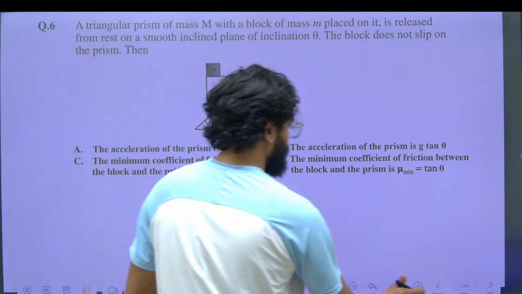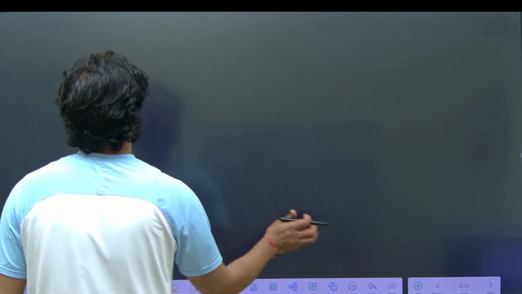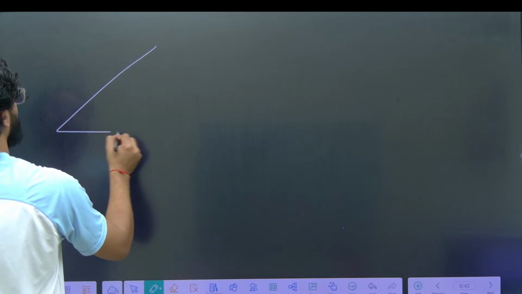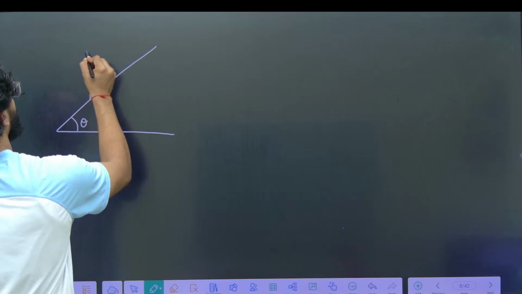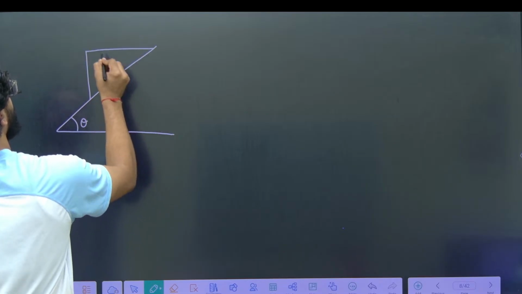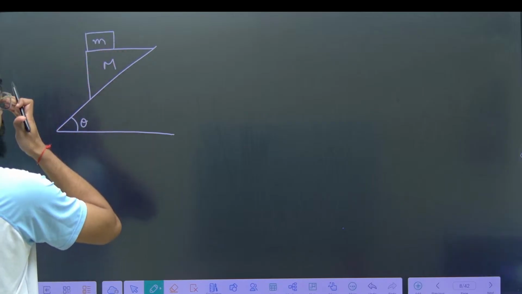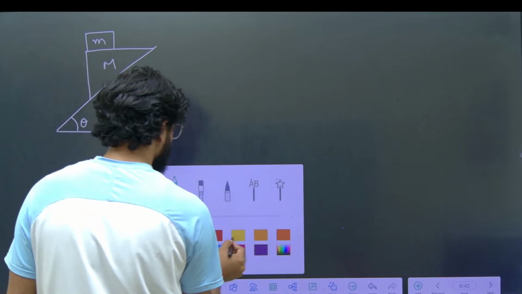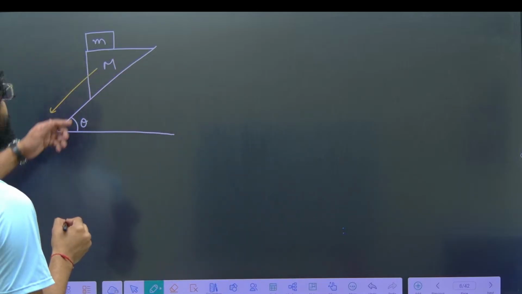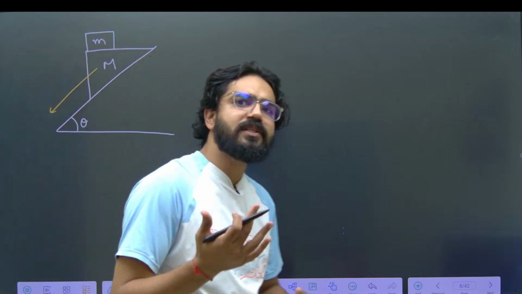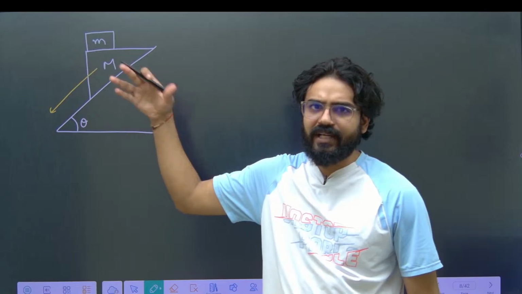So this small m is not moving. Okay, we know that why it is not moving, because friction will be there on this m, otherwise it will move, right?